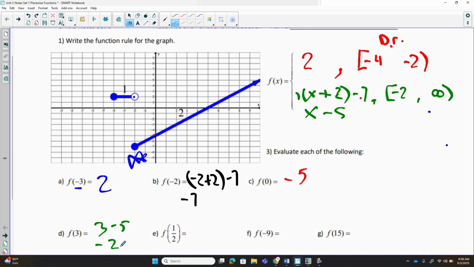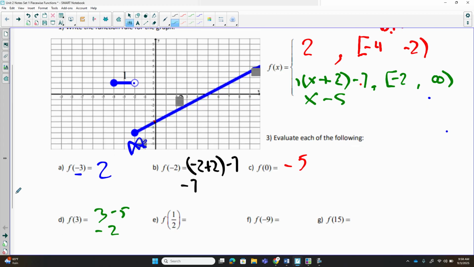Elijah, what is f of 1/2? You got -9/2. Again, 1/2 does not fall between these negative numbers, but it does fall between here. So he went 1/2 plus 2. Did you use that one, or did you use this? It didn't matter. We'll do it that way. That's going to be over 1. Got to make that over 2, so that's 4/2. That gives you 5.